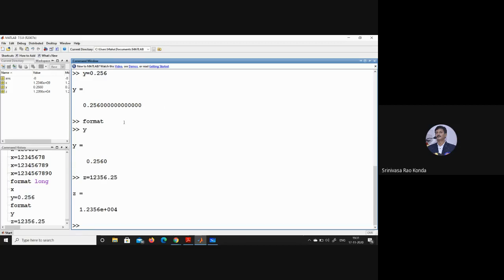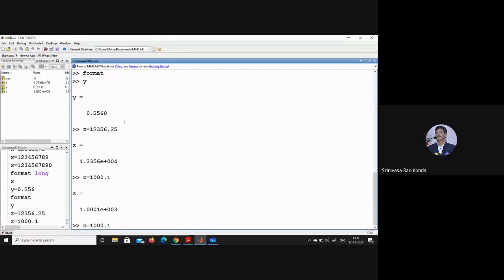Some value entered, 123, 4, 5, 2. Okay. Suppose if I enter this value, 1000.1, not 1000, less than 1000. I'm entering 999. It displays the same value. You see the difference.